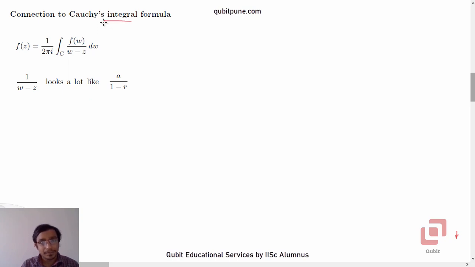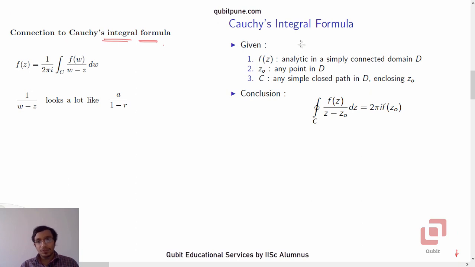So let me first tell you the Cauchy's integral formula that we studied, and then I'll tell you that I made a small change as far as the variable of integration is concerned. What was the Cauchy's integral formula that we stated? In fact, we proved it. In the Cauchy's integral formula, we are given three things.